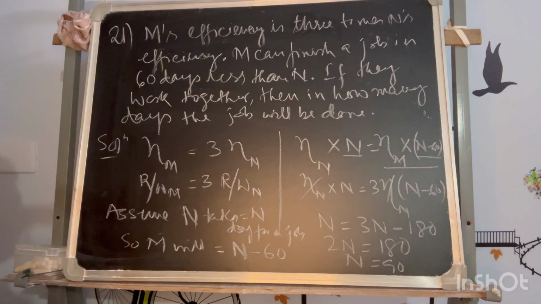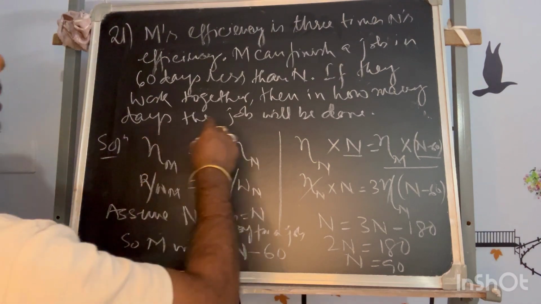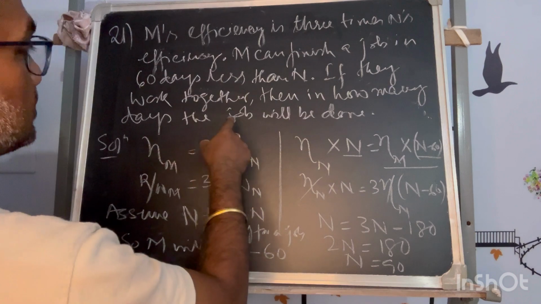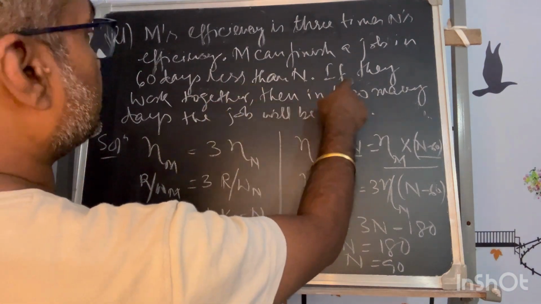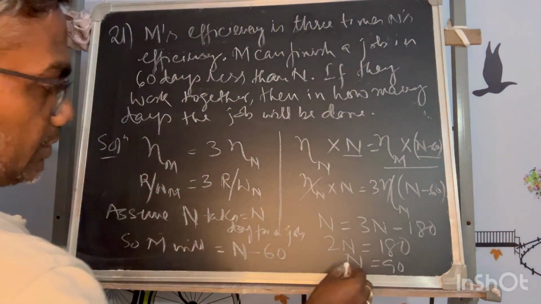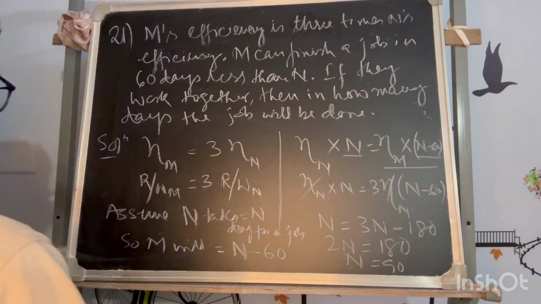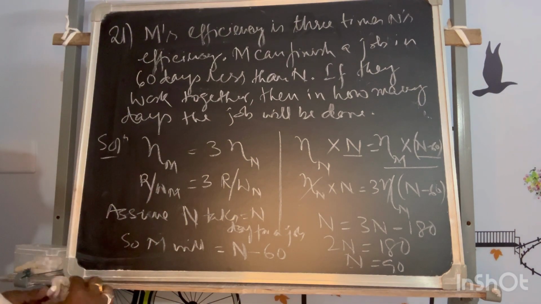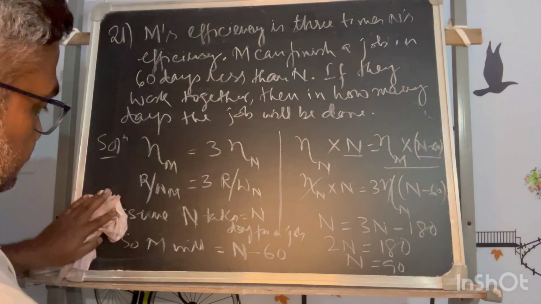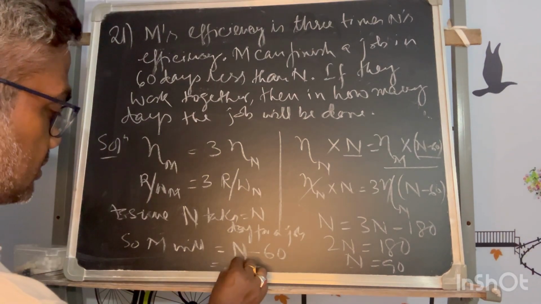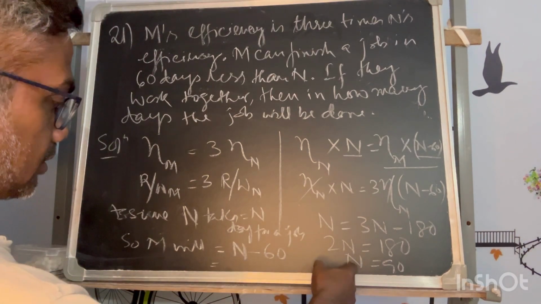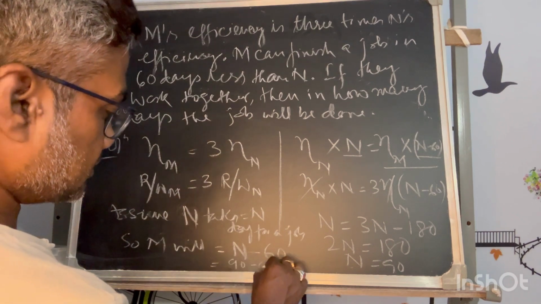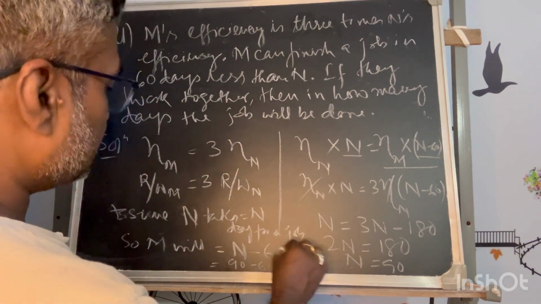So what is the ask of that question? In how many days will the job be completed if they work together? Now N is 90, so one part is over, we know it now. M will take N minus 60, that is 90 minus 60, which is 30. Fine.